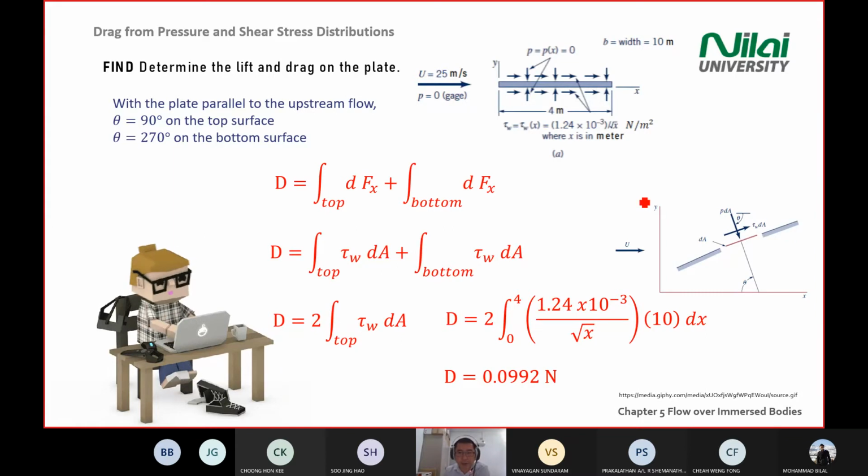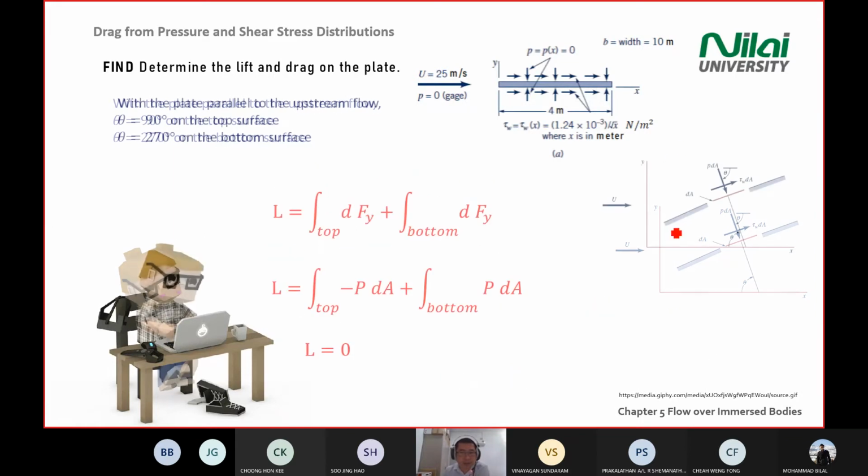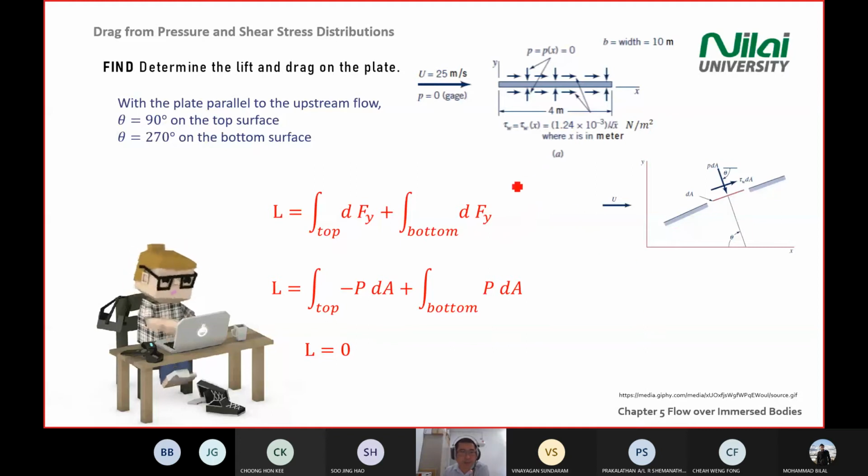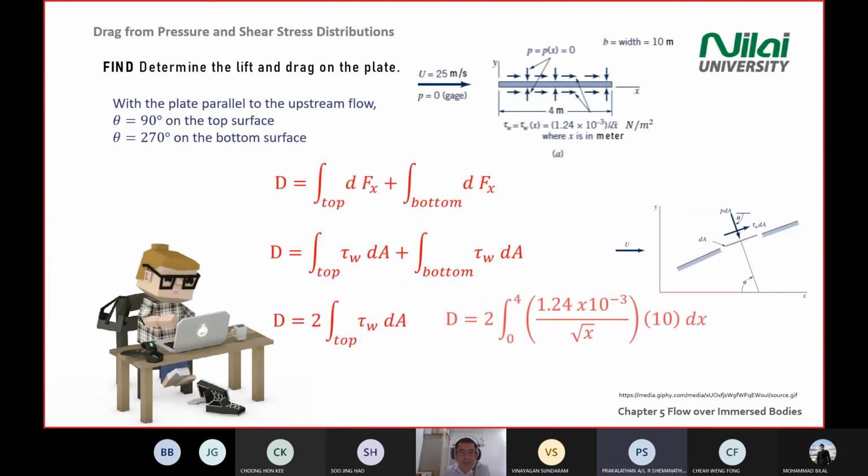Any question for the parallel? Any question you want to ask me? Sir, at the integration, the drag one, they have the 0 to 4, right? The 4 is the length of the component, the plate.